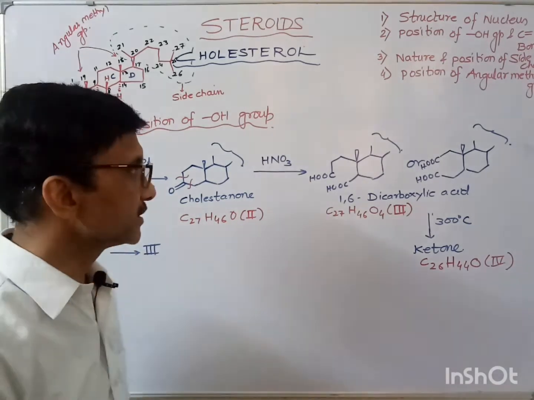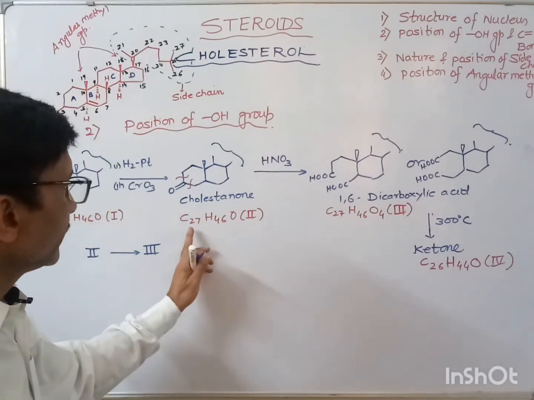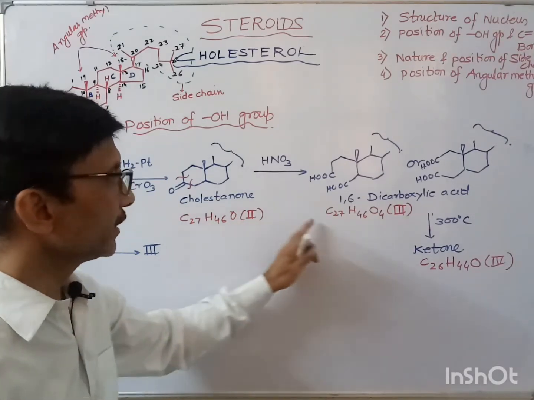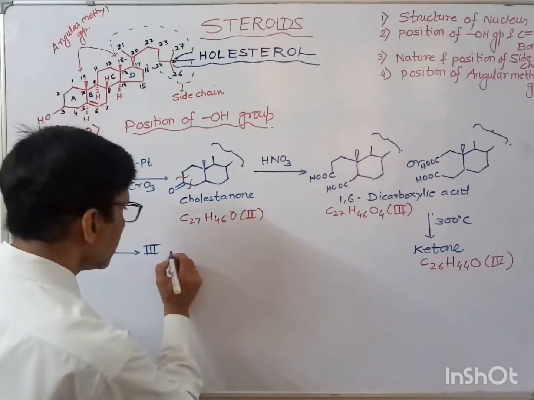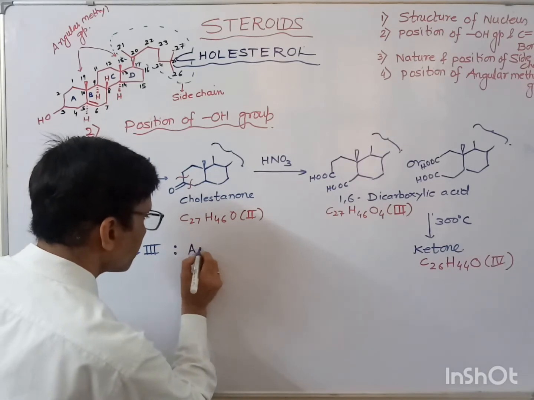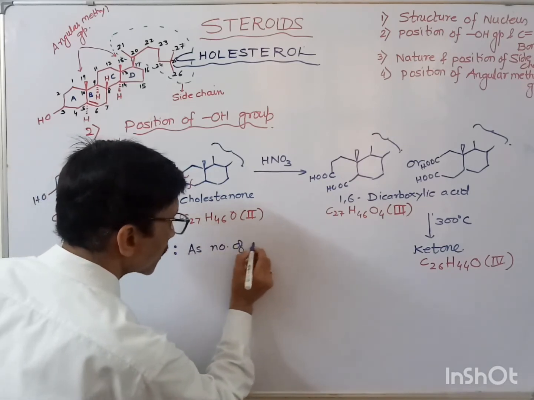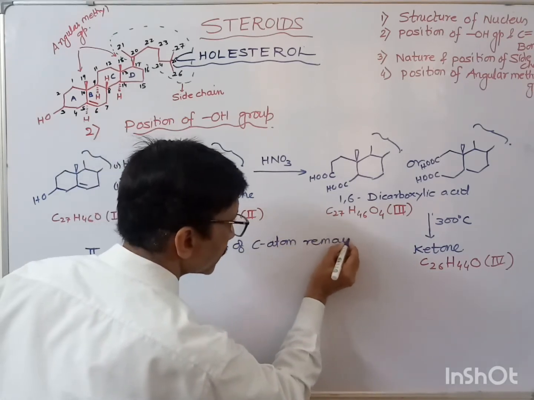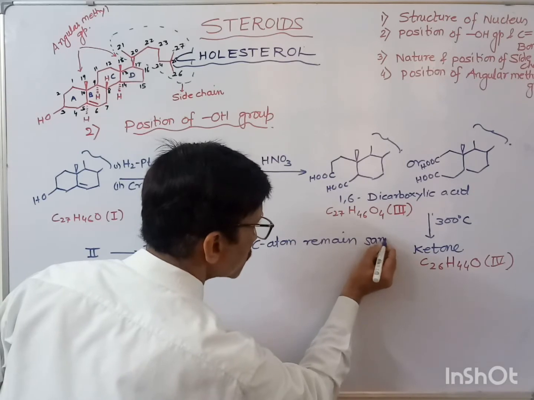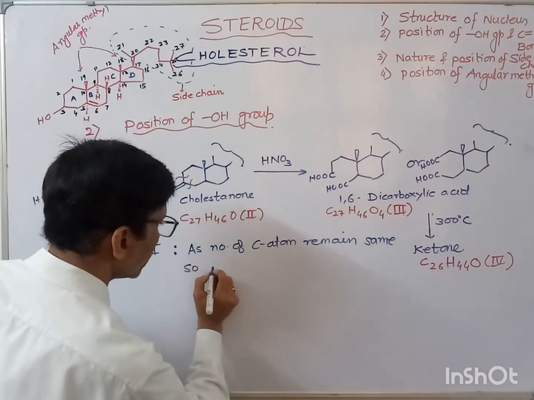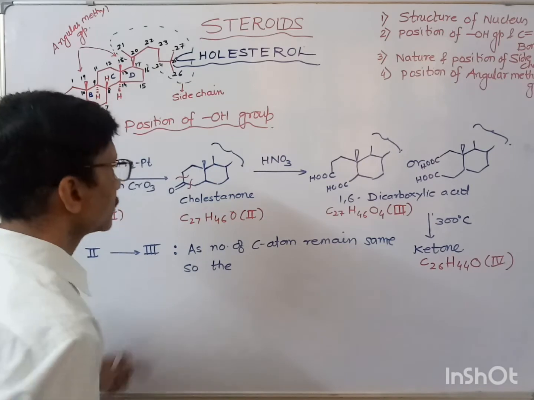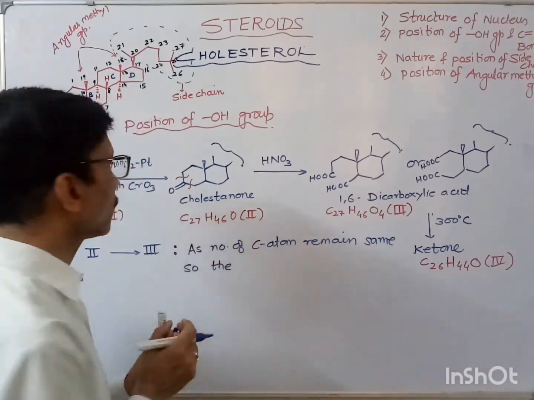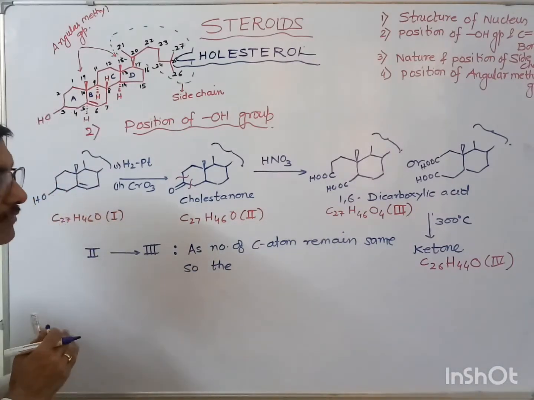Formation of dicarboxylic acid. One thing, if you see, the number of carbon atoms remains the same. Here 27 carbon, here also 27 carbon. So as the number of carbon atoms remains the same, the keto group must be present. It should be part of the ring, or the oxygen, OH, is a part of the ring, we can say.